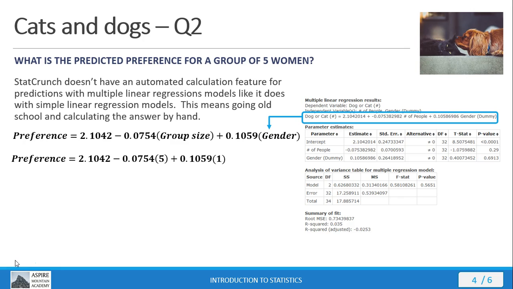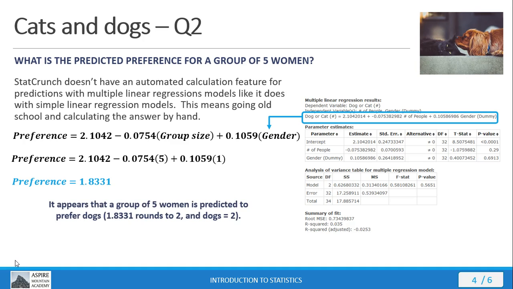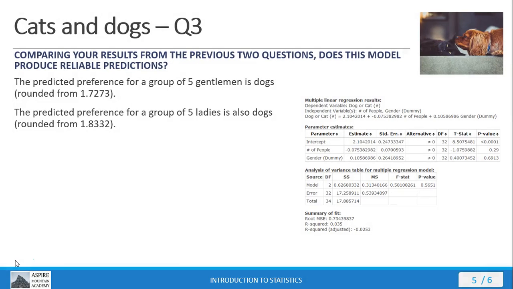We punch out everything there and the math comes out 1.8331, which then means that we have another prediction where the group was leaning toward dogs. So if we compare the results from those first two answers, if we've got 5 gentlemen in the group, then the group is predicted to prefer dogs.